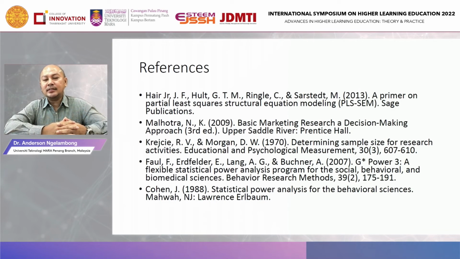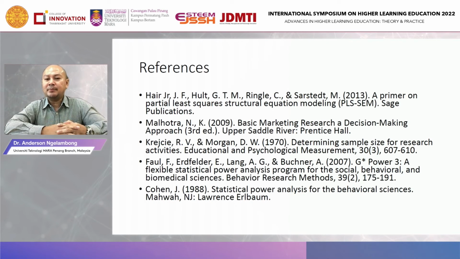Then, just now I mentioned Malhotra. Malhotra is for oversampling. To get to know more about oversampling, you can go to this textbook, Malhotra 2009, Basic Marketing Research: A Decision-Making Approach. Most of you are familiar with Krejcie and Morgan, 1970. For G*Power, you can refer to Faul et al. 2007, where they explain how to use G*Power in a research paper.